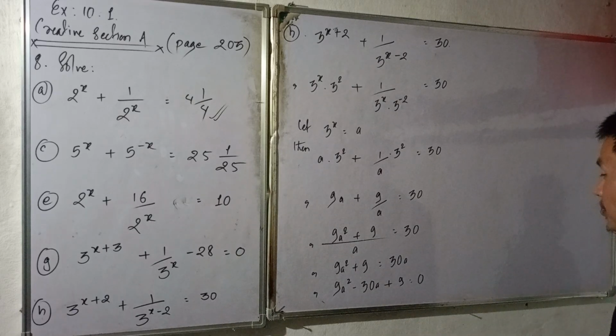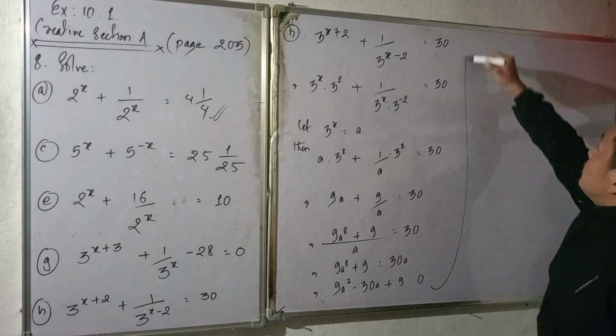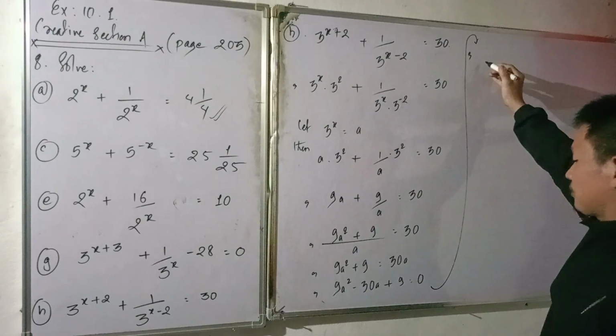Now let's see what happens. 27 times 3 will be 81, and 27 plus 3 is definitely 30.